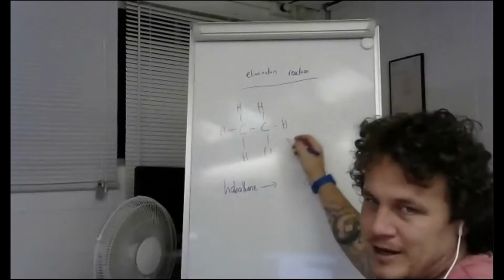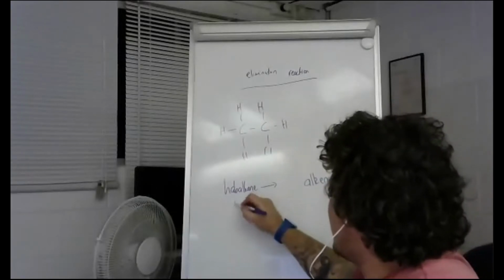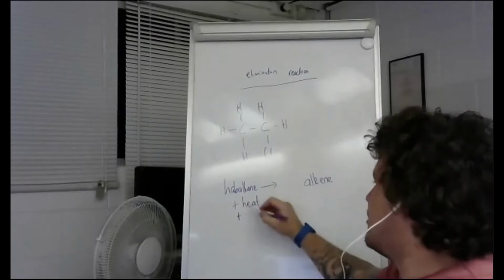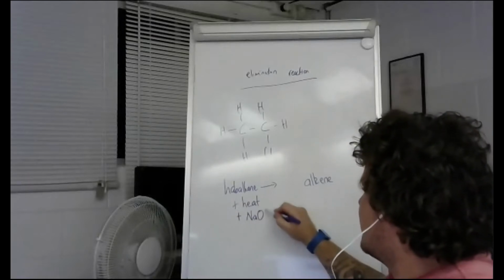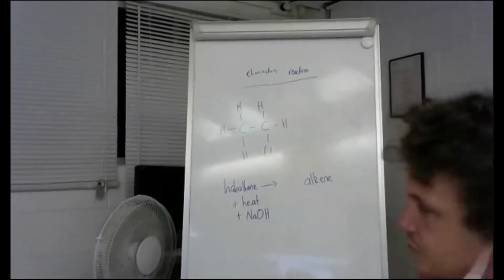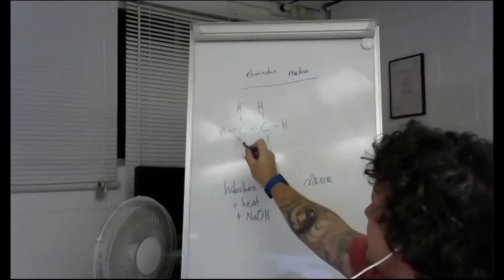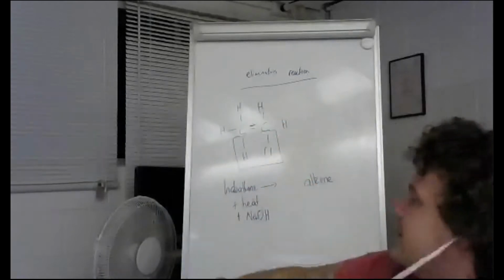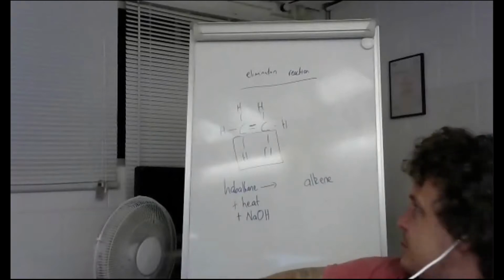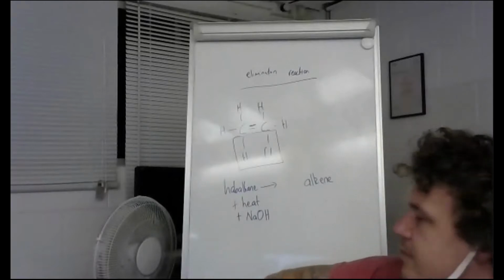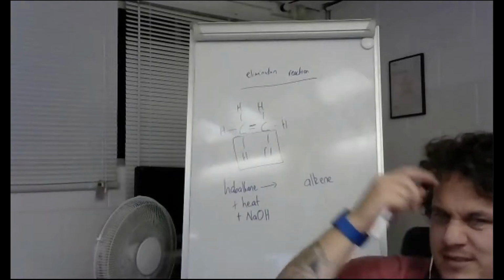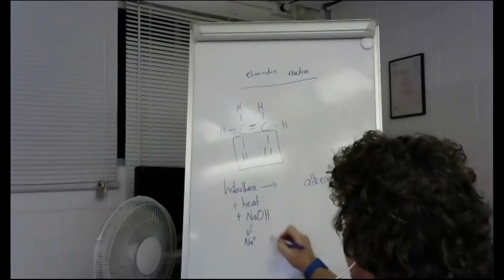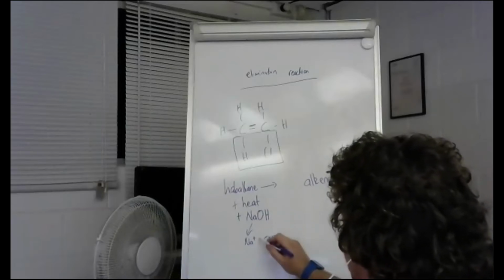So what happens is we add heat. We add sodium hydroxide, our favorite chemical. And that breaks off the HCl and reinstates the double bond. So NaOH breaks up into Na+ and OH-.